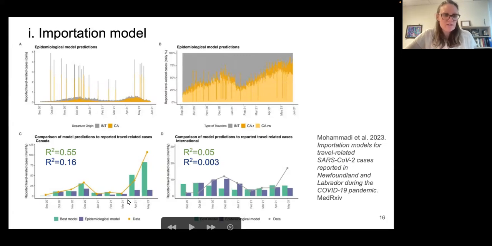But here you can see it's mostly from March 21st to May 21st when the epidemiological model, the blue bars, does much worse.